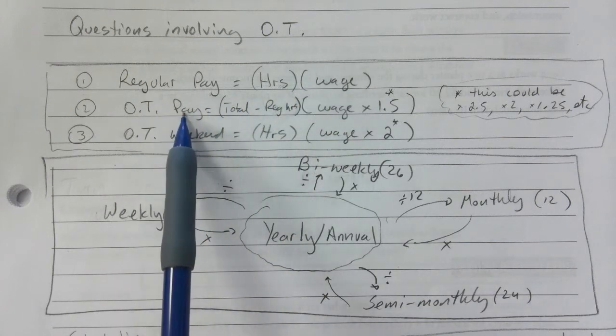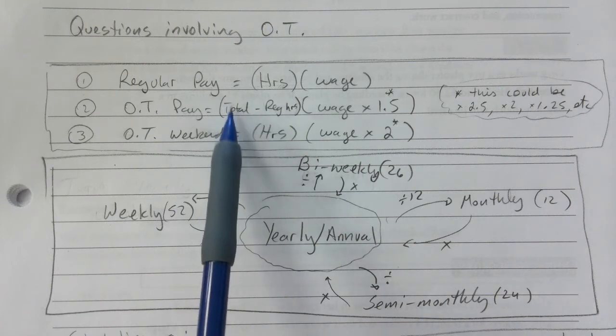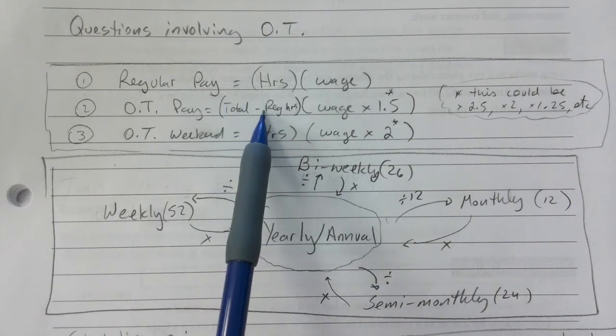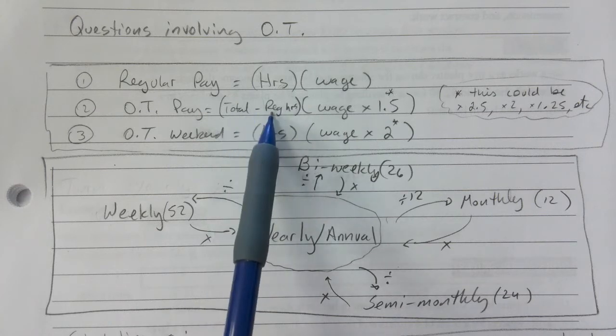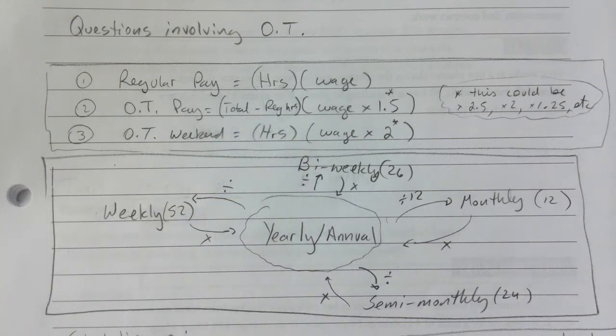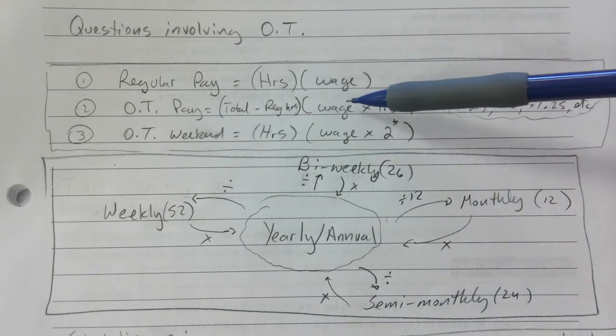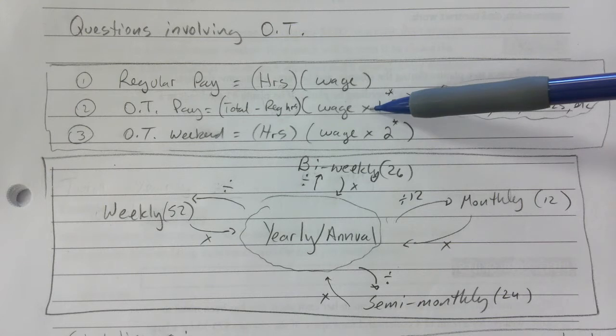Overtime pay would be the total hours you've actually worked minus the regular hours, right? Often you'll just do it in your head. It's mental math, like, oh yeah, 7 hours over, got it. But if you need more specifics, there it is. You'll take your wage and multiply it by 1.5.